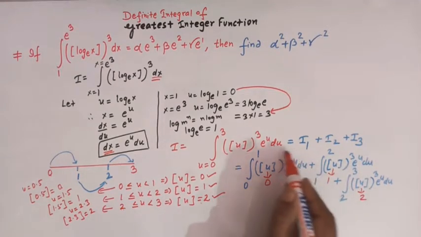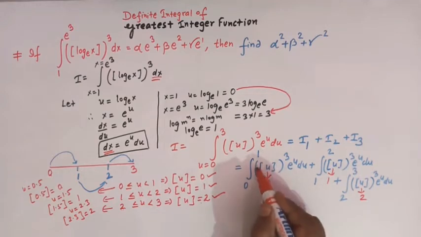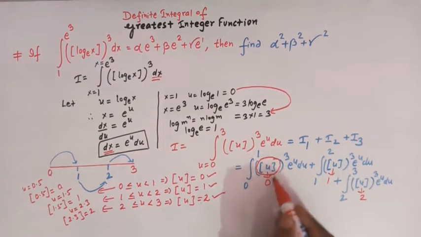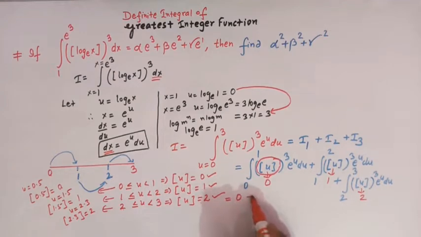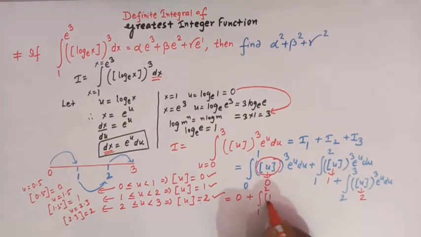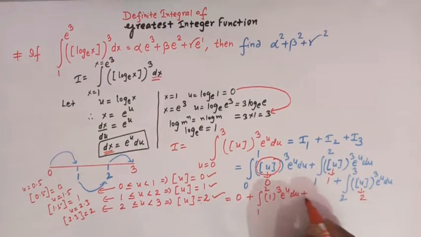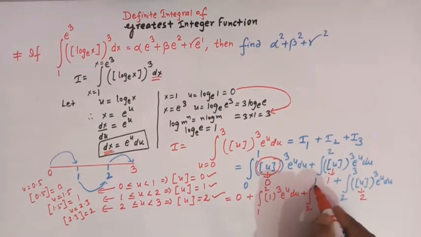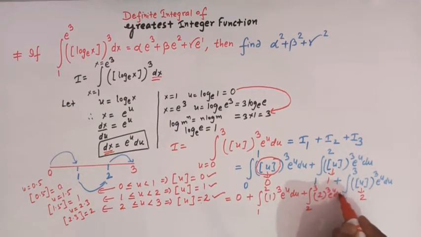So now this integral is 0 because the value of this term is 0, and here we have 1 to 2, and greatest integer u is 1, so this is 1 cube e raised to u du, and here we have 2 to 3, and we have 2 cube, and here we have e raised to u du.